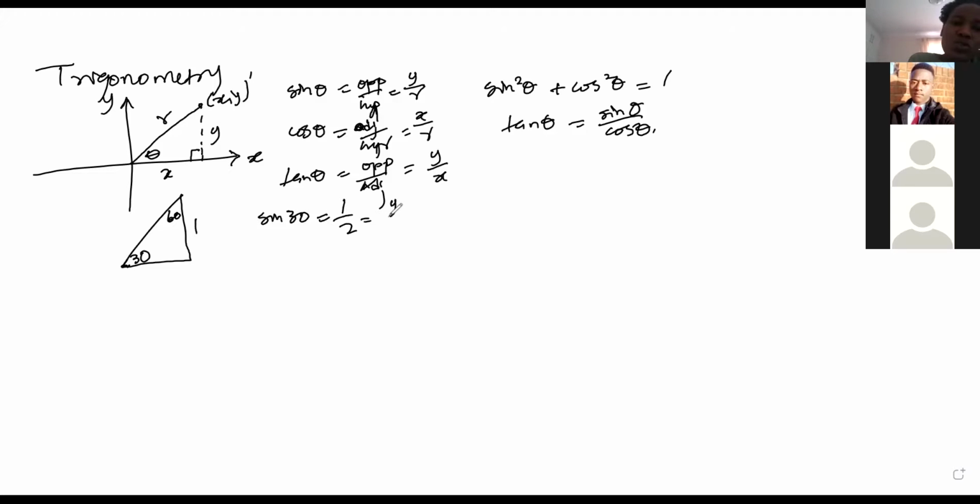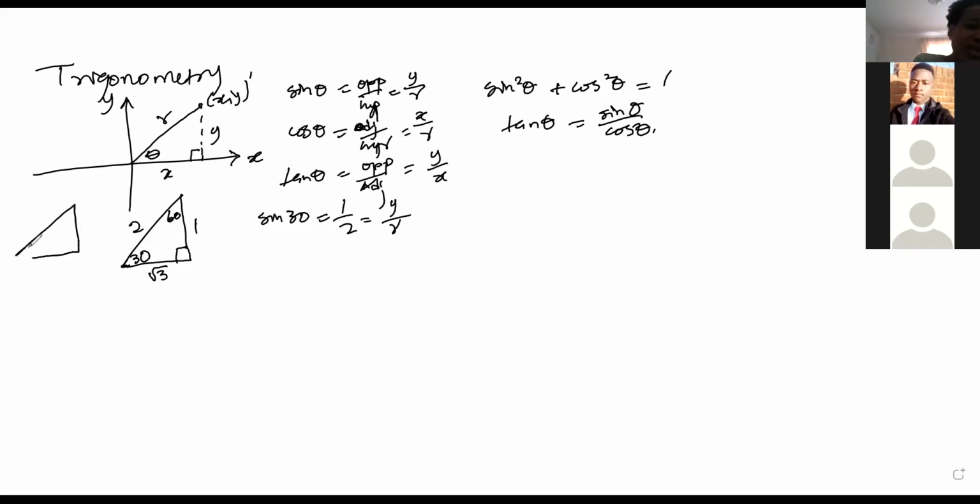That means your opposite is 1 and the hypotenuse is 2. Then when you add with your Pythagoras, this is going to be square root of 3. So that's how you get that, because this is not going to be given to you in the exam. But always, please, when you write your exam, in your scribbling book, put these things there. You're going to need them.